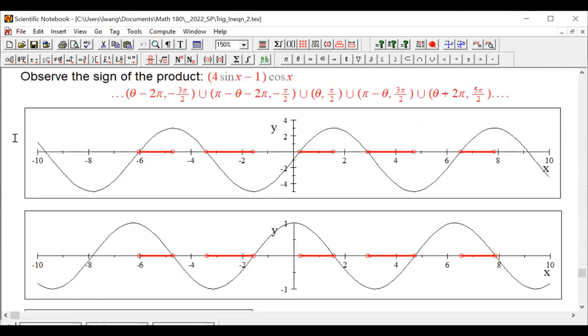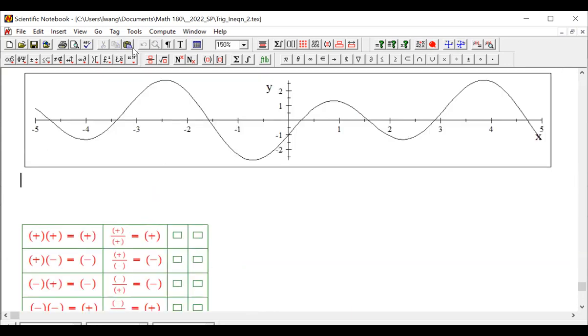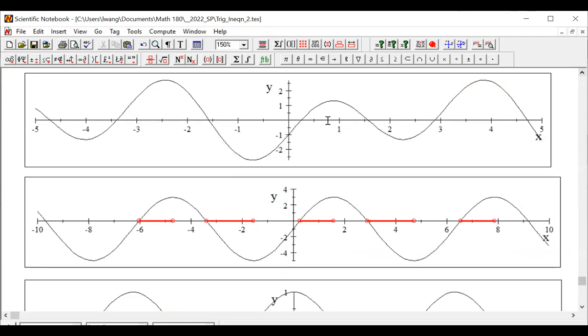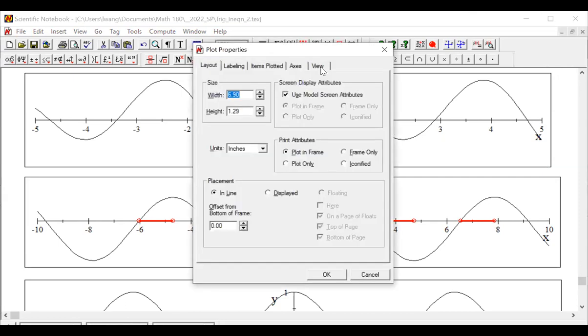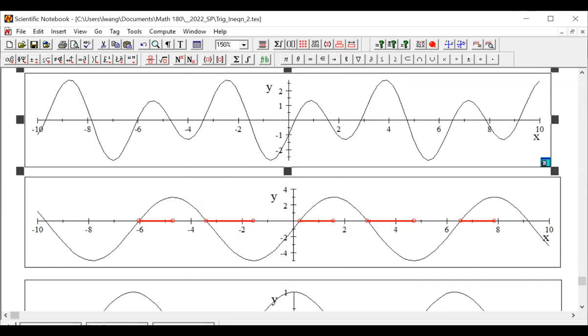And bring our other 2 pictures here. I'm going to have you decide. And for this picture, I'm going to change it to the same scale, negative 10 to positive 10. And I'm not going to change anything else.